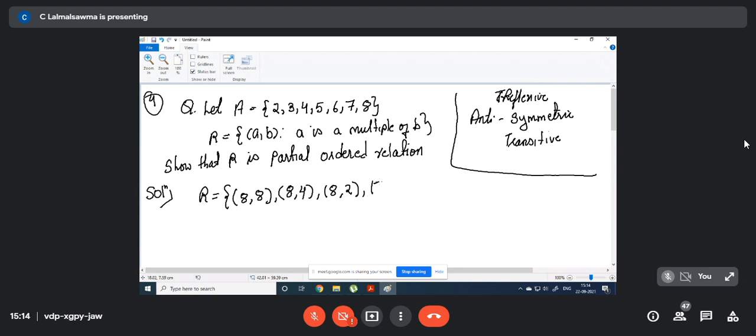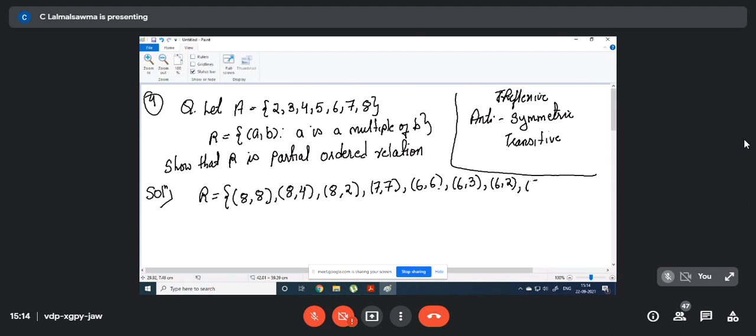Let's start with 7. 7 is a prime number, which means that it is only divisible by itself and 1. And 6: 6 is divisible by 6, by 3, and by 2. 1 is not in the set, so we don't write 1.